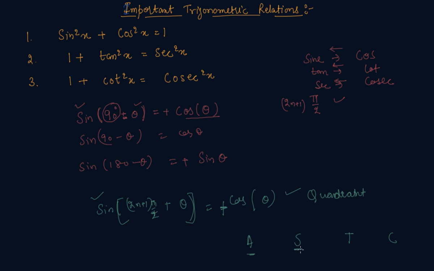Now school means in the second quadrant only sine and cosecant are positive, and in the third quadrant tangent and cotangent are positive. Okay, and in the fourth quadrant cosine and secant are positive. So the sign of the trigonometric answer will depend on the quadrant in which the trigonometric function is lying.